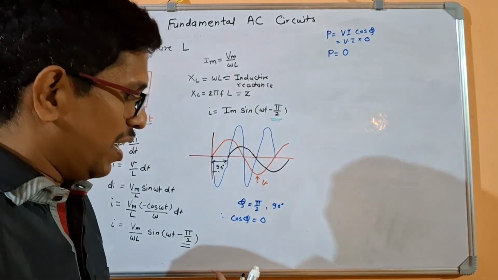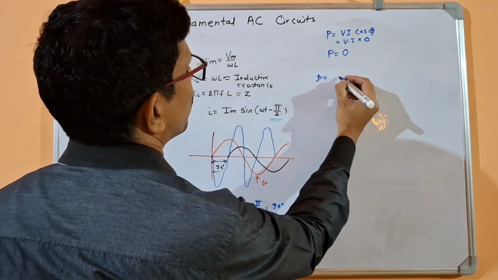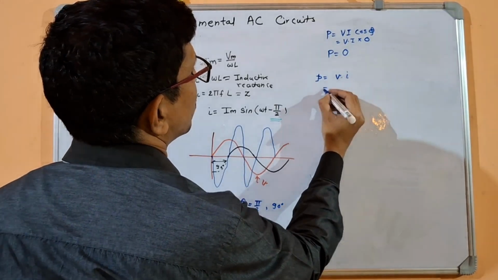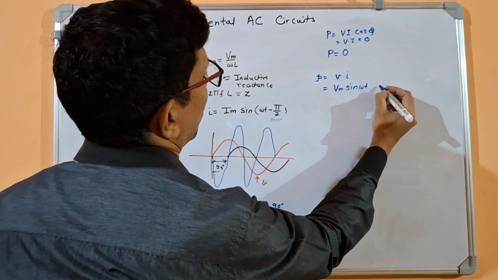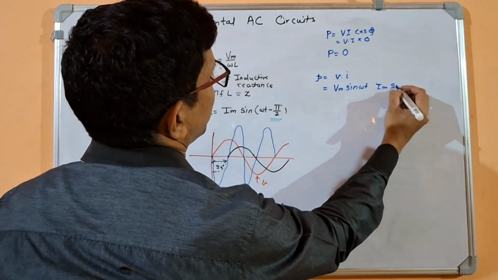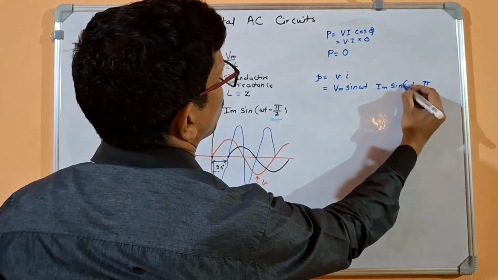Okay, this we can prove mathematically also by finding the instantaneous power as V into I. So Vm sin omega t and Im sin omega t minus pi by 2.